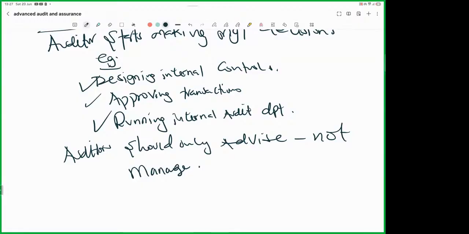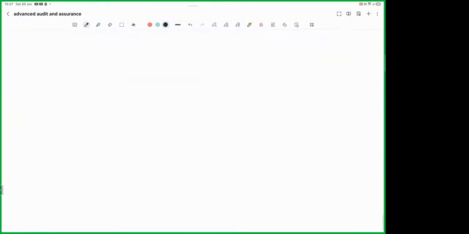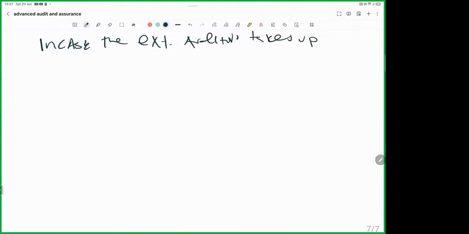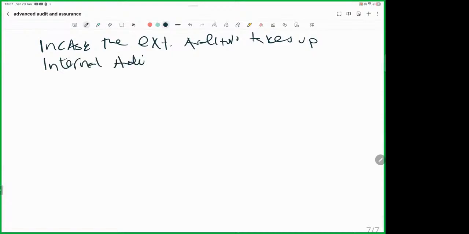So in case the external auditor takes up the internal audit role, what safeguards will he put down?